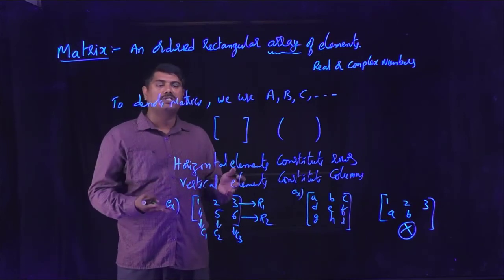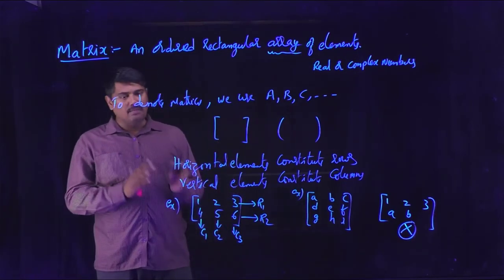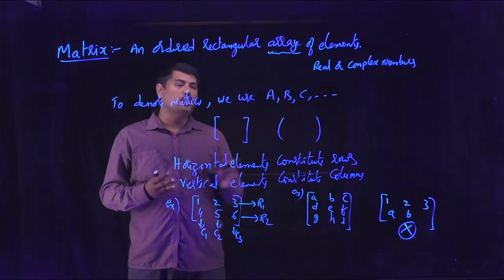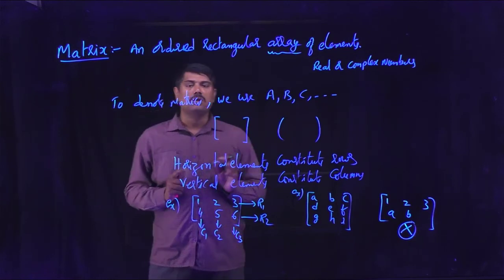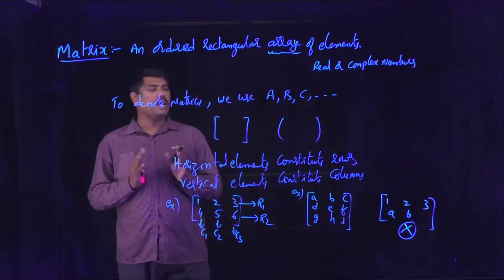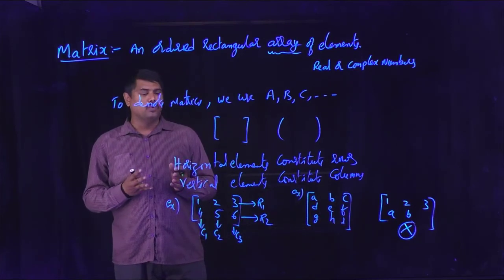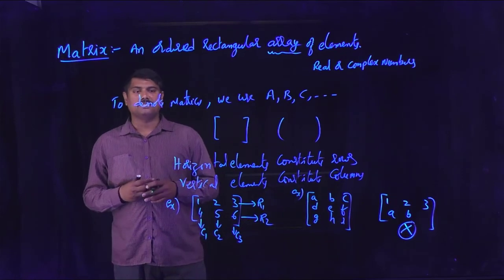In the same manner, columns have to be followed in the same way. Each column should have an equal number of elements. So this is how we obtain a matrix and how we arrange the elements in rows and columns. Now we move to another concept.